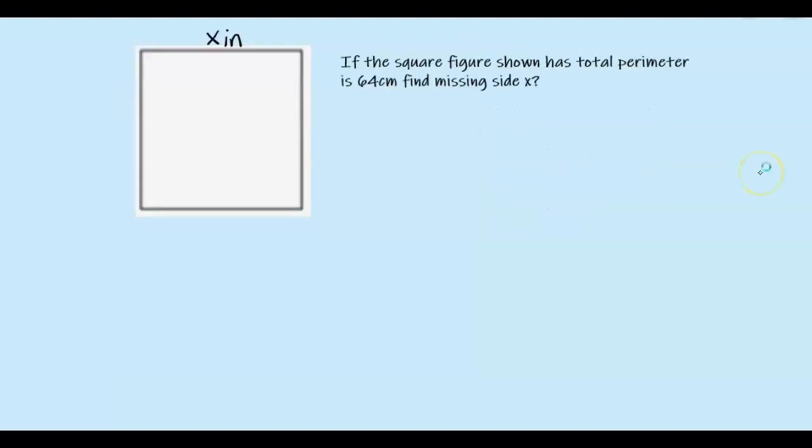We have been given a square, and it has a perimeter of 64, and they want us to find the missing side, x here. So one thing that we have to know about a square is that it has 4 equal sides.